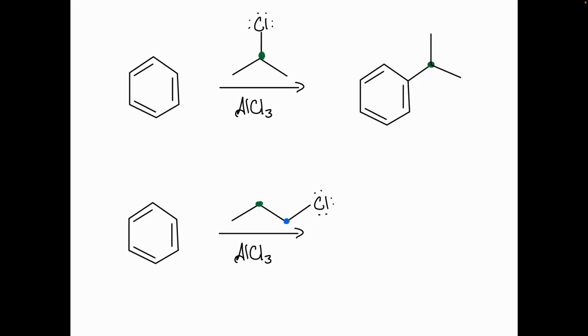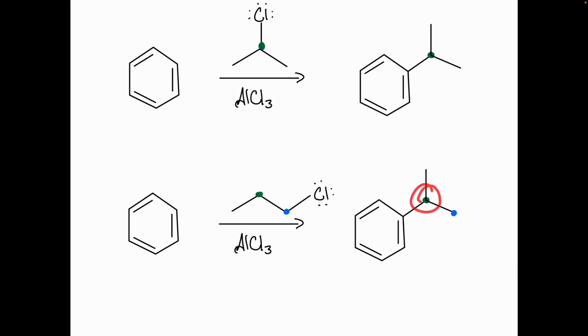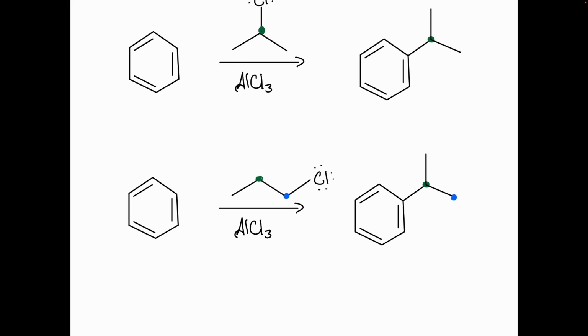All right, and if we did this reaction, what we would see is the exact same product as above. As opposed to attaching my benzene ring to this first carbon, it still goes on this second carbon over here. So why am I getting the same product for both of these reactions?